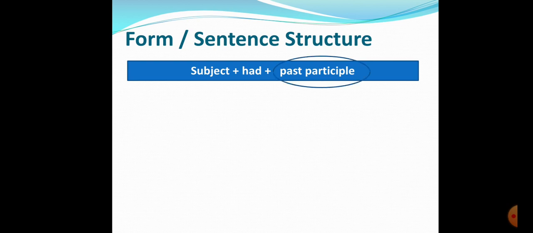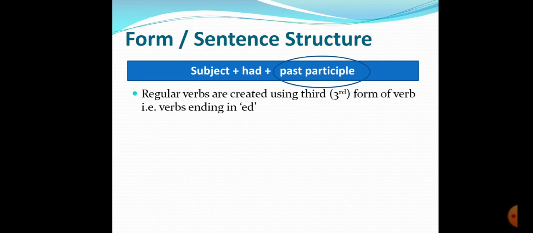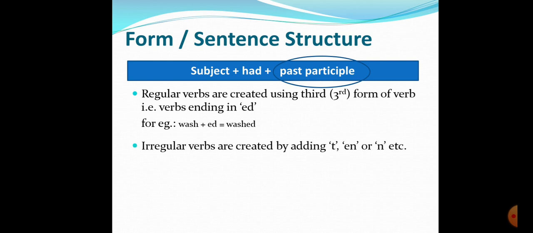Sorry, before that, past participle rules we have already cleared, and you know that there are regular verbs and irregular verbs. Past participle of regular verbs we create with ed, you know that, right? Wash plus ed is equal to washed. And irregular verbs are like t, n or en, which you have to memorize. There is no option. So you can see the examples.